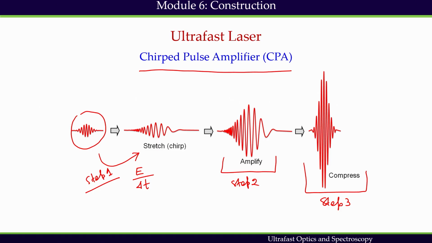CPA is particularly important for efficient utilization of solid state laser gain medium with high stored energy density. This scheme can provide energy per pulse as large as 10 joule per square centimeter.